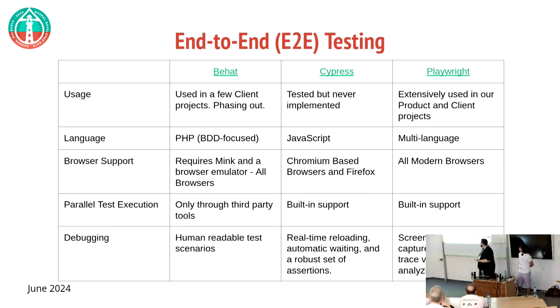End-to-end testing. In the past, we used Behat testing a lot. It actually worked really well for us for a time. And one of Behat's main good points is that you can really do human readable tests. So you can say things like, if I click here, I get to do this, or I see this.